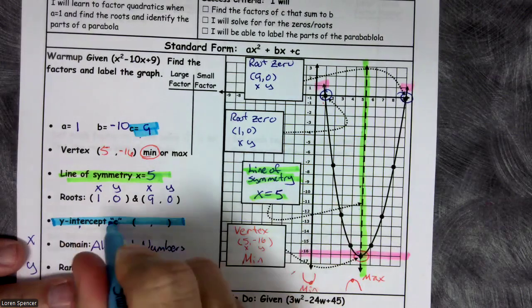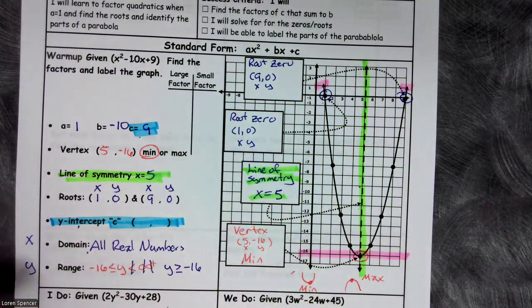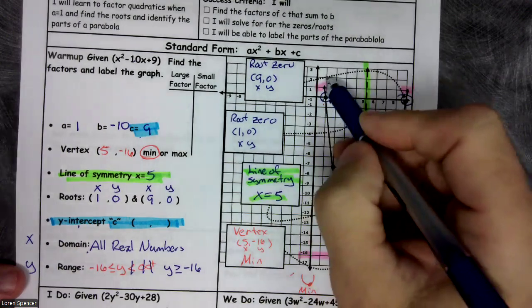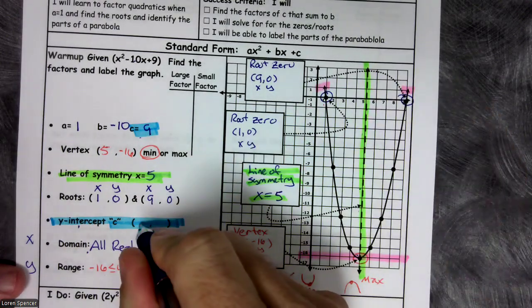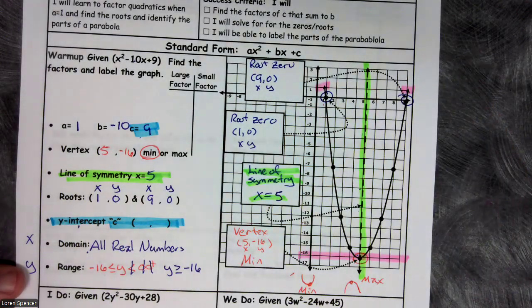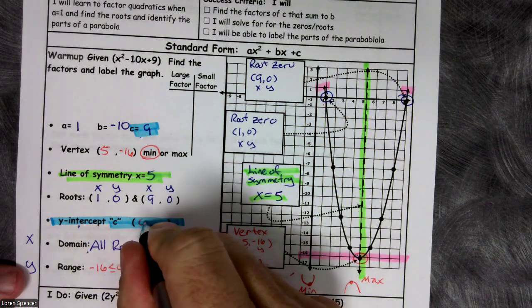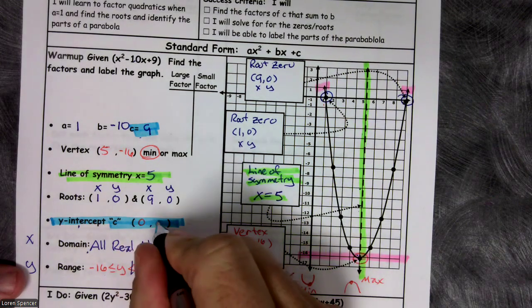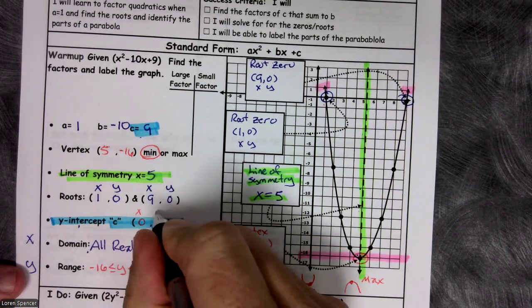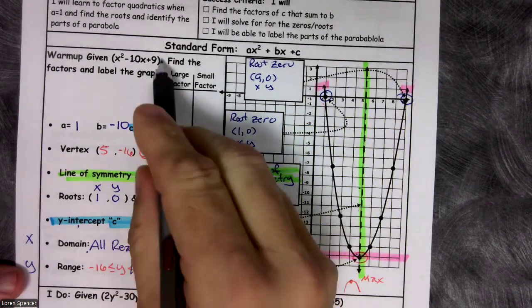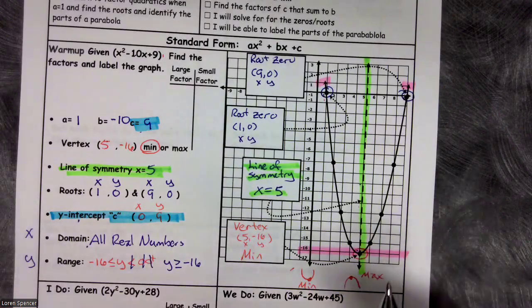The y-intercept is c every single time. So if this continued up, it would intercept the y-axis at 0, 9, where this is my x and this is my y. So c will always be your y-intercept. Okay, important to know that.